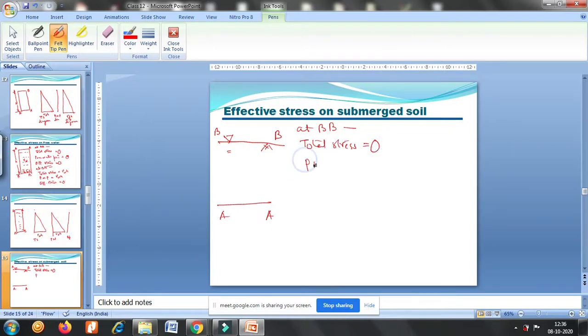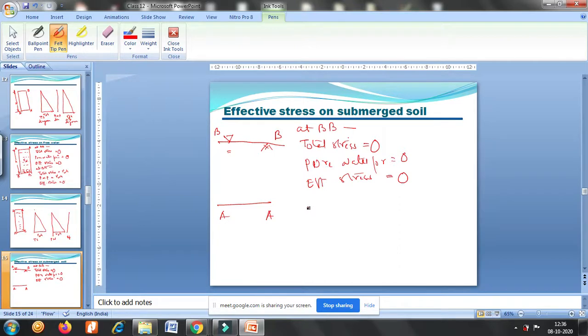Pore water pressure, how much is it? It is the top point. There is no water present above it, so the pore water pressure is also equal to 0. And the effective stress is equal to total stress minus the pore water pressure. So the effective stress is also equal to 0.